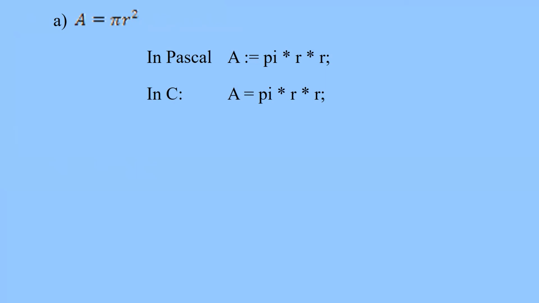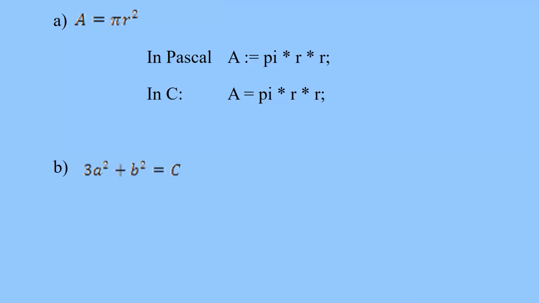In other words, we did it as pick the content of memory location called radius, multiply by the same value, radius, then multiply by the content of memory location called pi. The results you are going to get, store them in the memory location called A. Assign them in memory location called A.